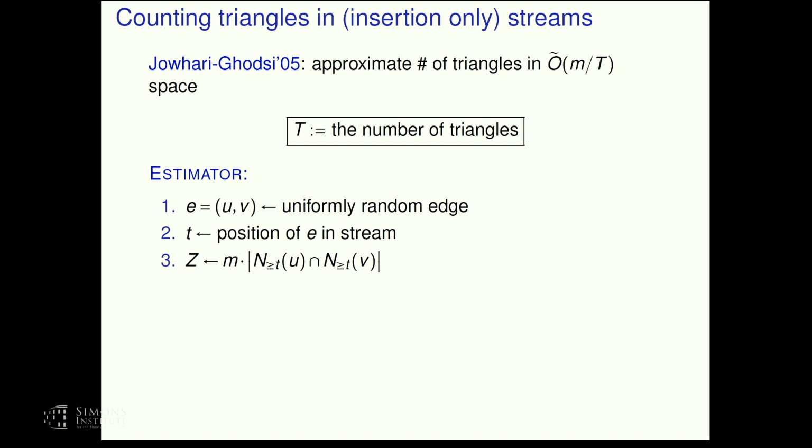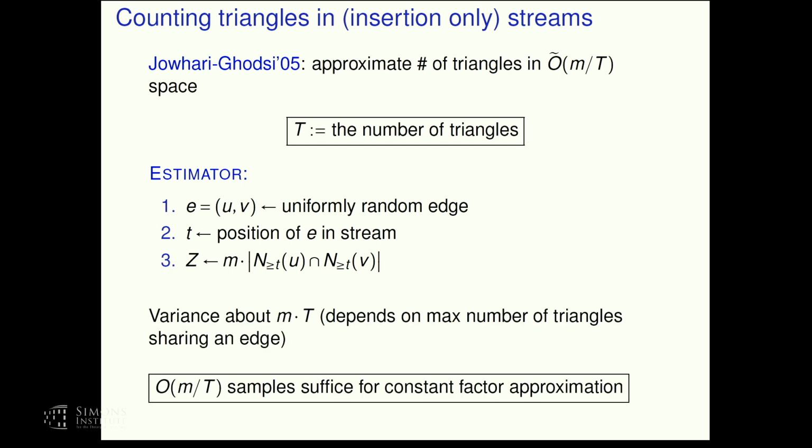One selects a uniformly random edge in the stream, and lets t be the position of the edge in the stream. And the estimator is the number of triangles that the edge participates in in the remainder of the stream times m. Well, this makes the estimator unbiased, and some amount of contemplation reveals that the variance is roughly m times t.